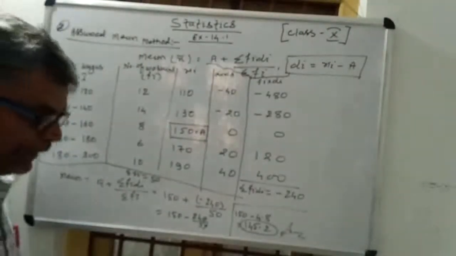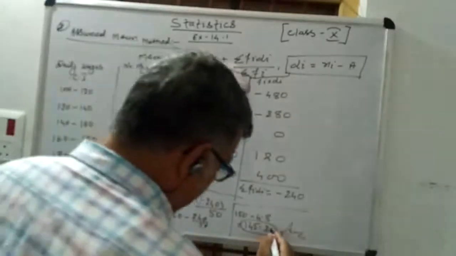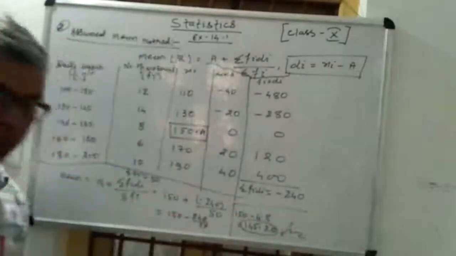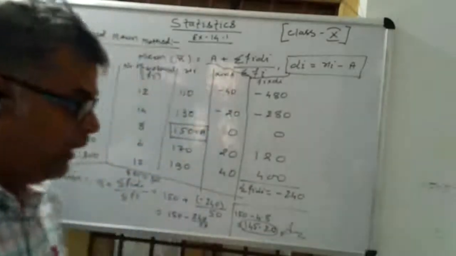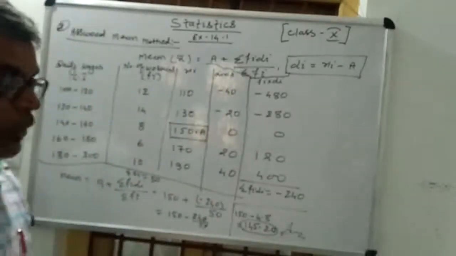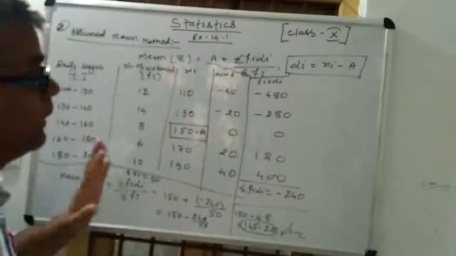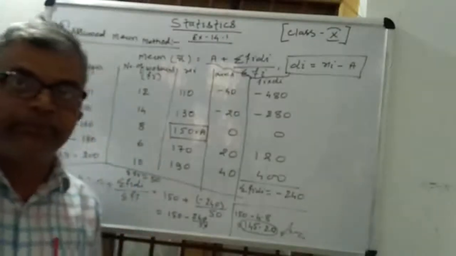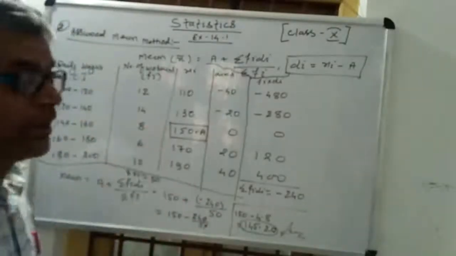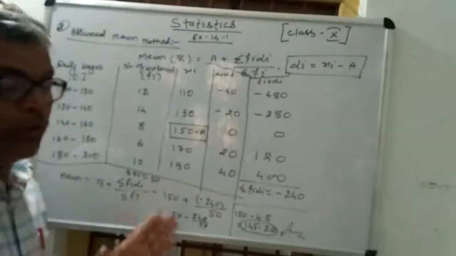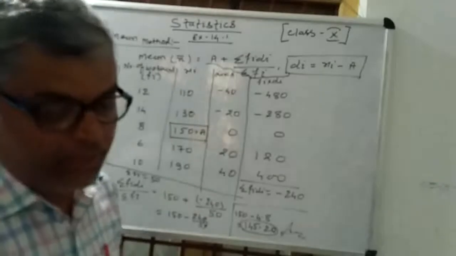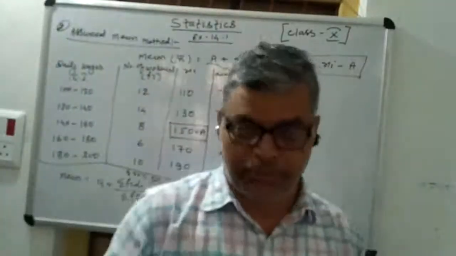I discussed two questions with two different methods: the first question I solved with the direct method, and the second question with the assumed mean method. I hope that all of you have understood it.